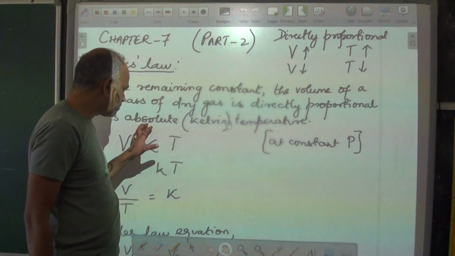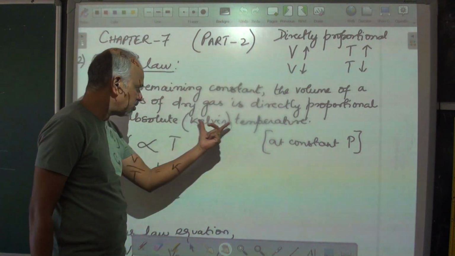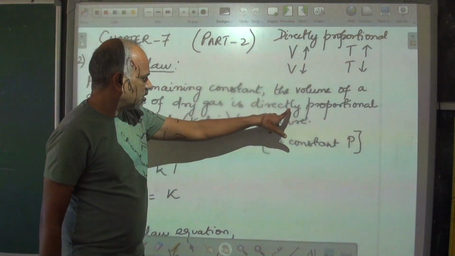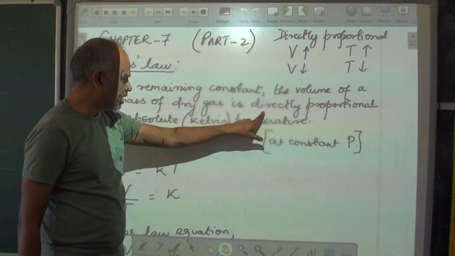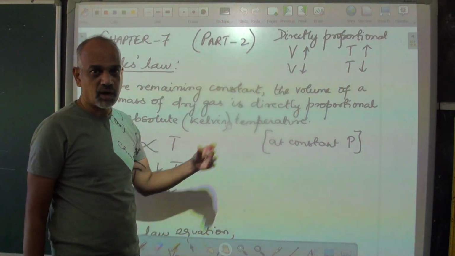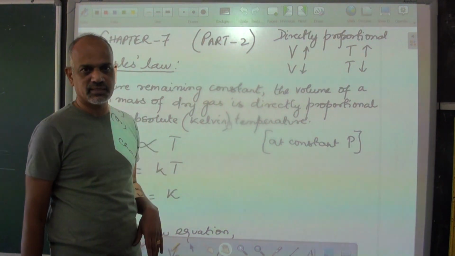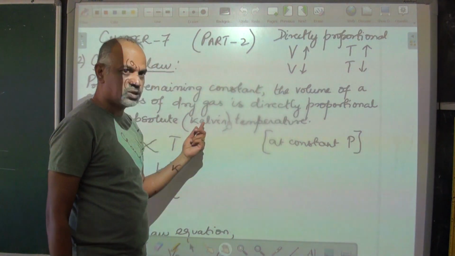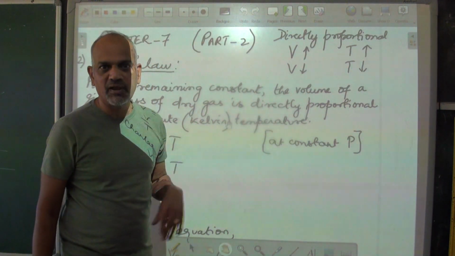Absolute temperature is otherwise called Kelvin temperature. The volume is directly proportional to its Kelvin temperature, not the temperature in degrees Celsius.